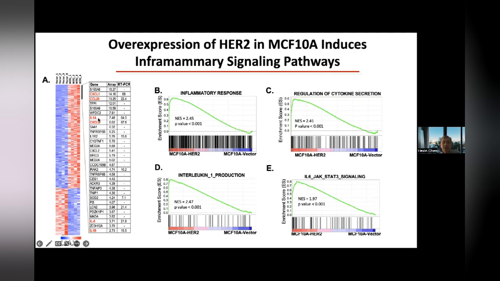Interestingly, we see that all the cytokines which are overexpressed in the transgenic mice are also overexpressed in the HER2-overexpressing normal epithelial 10A cells: CXCL1, CXCL20, IL1, CXCL8, IL6, interferon beta, and so on. GSEA shows the inflammatory response genes upregulated, the cytokine secretion pathway activated, interleukin-1 production and the IL6 signal pathway all activated. So it mimics what happens in vivo.